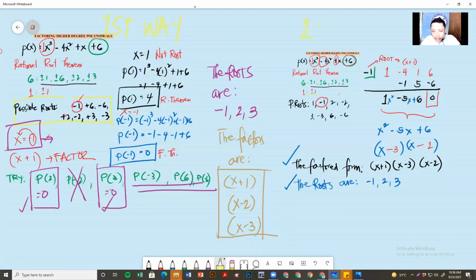And then the second way is by using your synthetic division. Which do you prefer? Type your answer in the chat box. First way or the second way? I would like to see your answers for this.